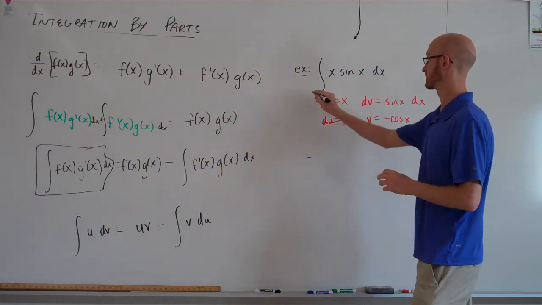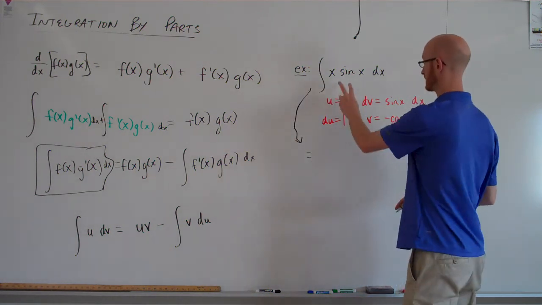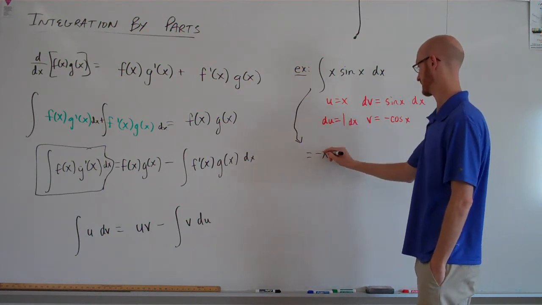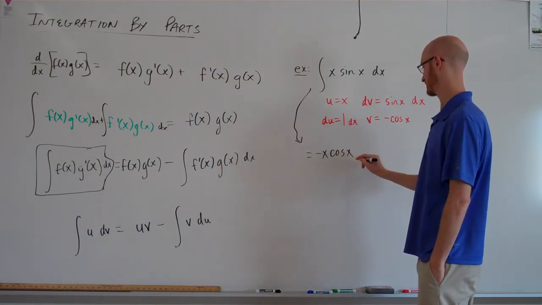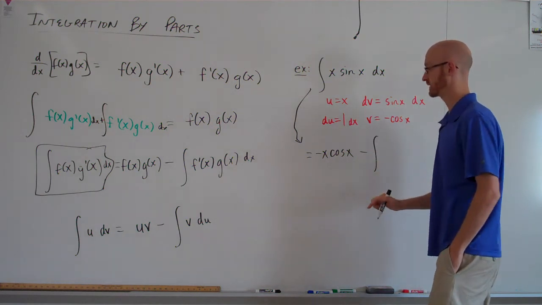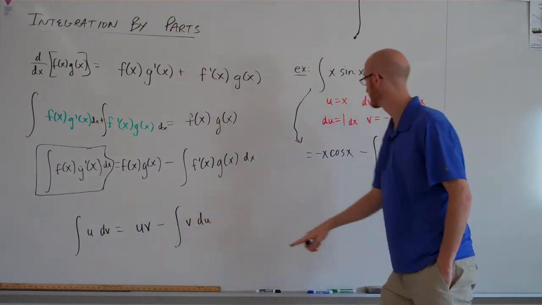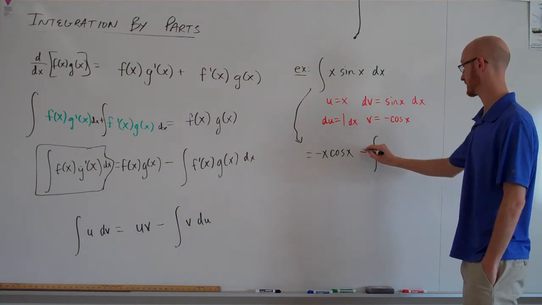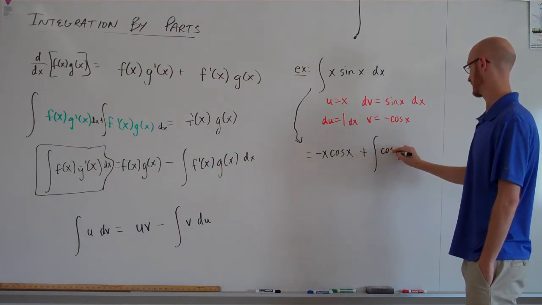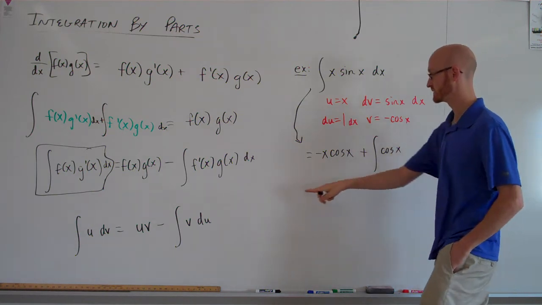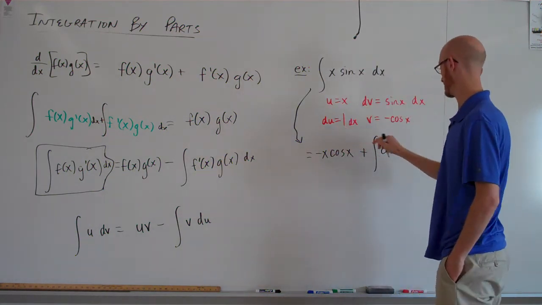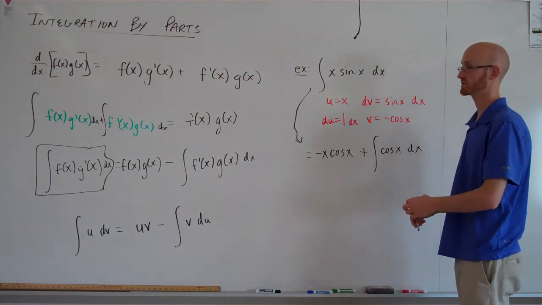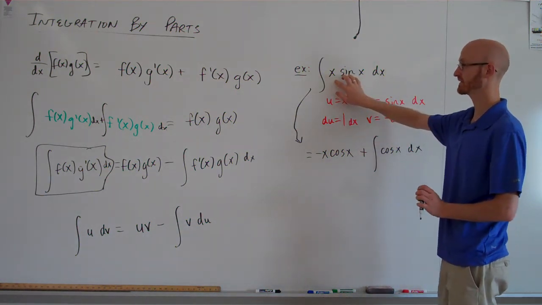So that integral is equal to u times v, that's x times negative cosine x, minus the integral of v du. So v, that's negative cosine of x, so I'm going to make that positive cosine of x. Du is 1 dx.